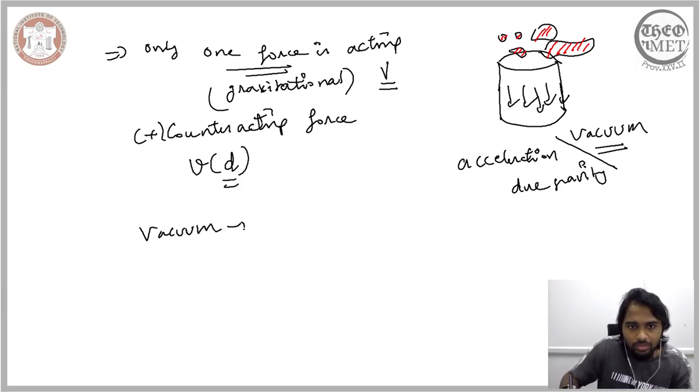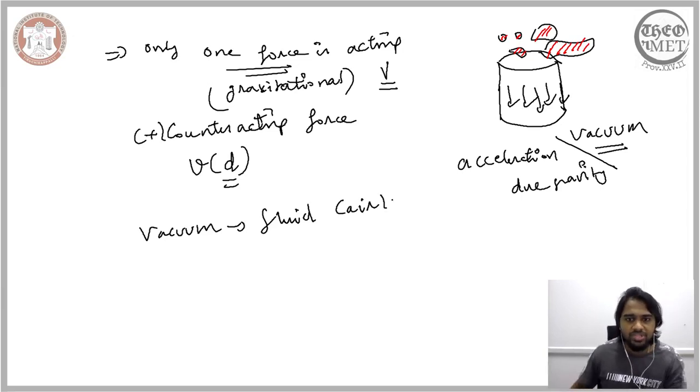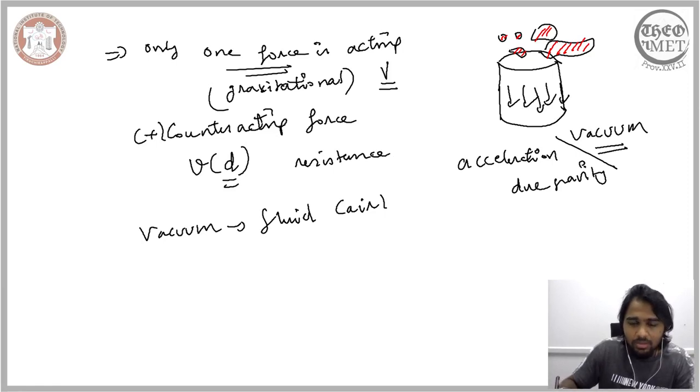However, if you change the medium from vacuum to a fluid medium, this fluid medium could be air or it could be anything. If you replace the vacuum medium, then essentially you are introducing a counteracting force, a resistance. In most instances, it is friction.